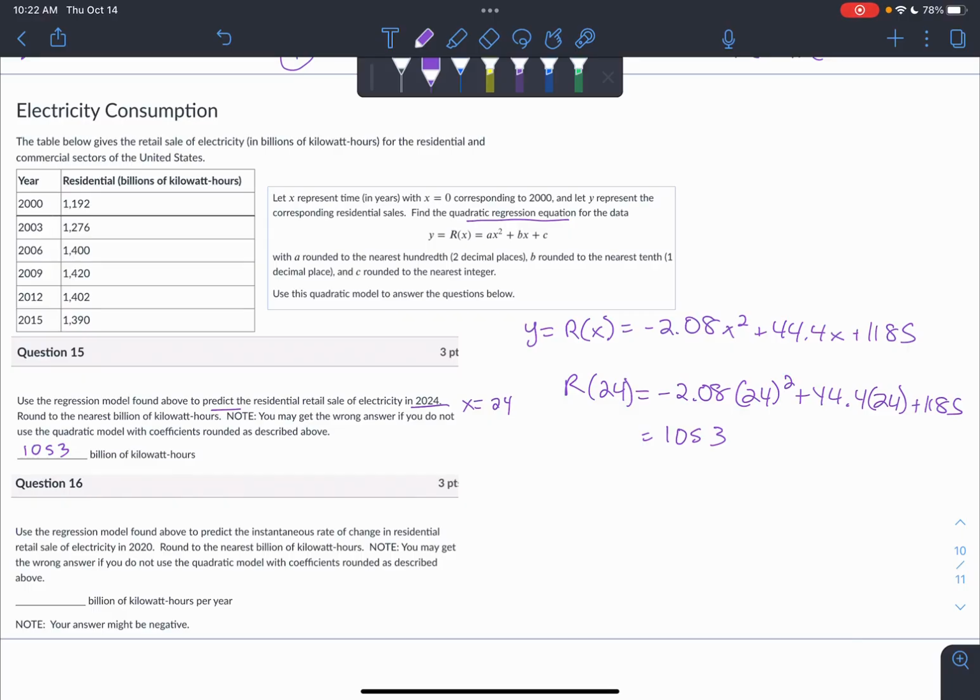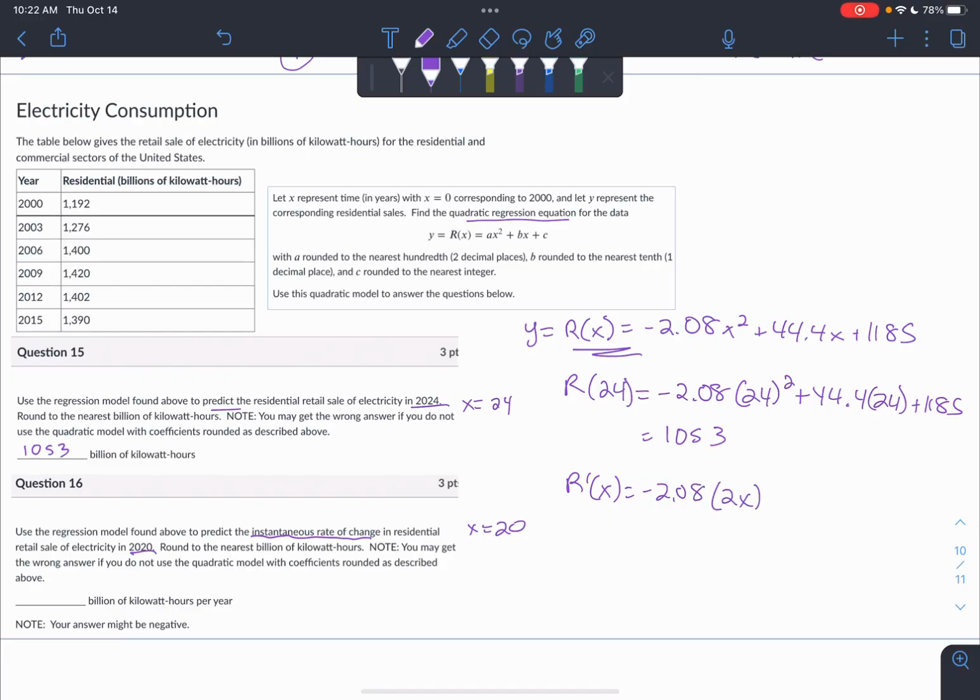All right. And then for 16, we want to use the model to predict the instantaneous rate of change in the sale of electricity in 2020. So again, our x is 20 in this case, but now we want the instantaneous rate of change, which, a rate of change should mean that we need the derivative. So let's take the derivative of R of x that we found from Desmos.